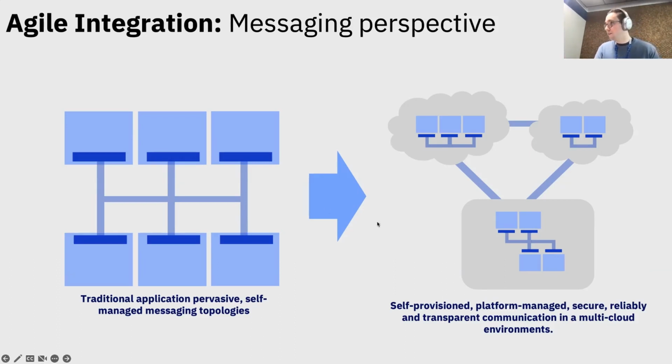On the right-hand side, we have the newer approach that we see people moving towards. Here we have a more self-provisioned way of providing messaging. One of the features is that most of the applications in this case, or maybe all of them, would be client bound, with a remote connection, for example using a server connection channel.